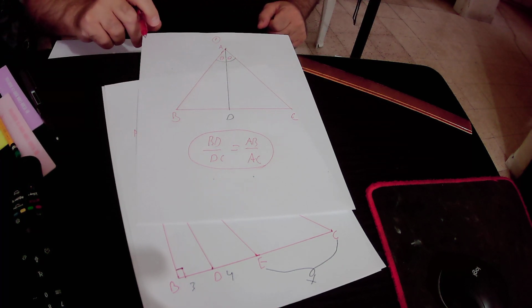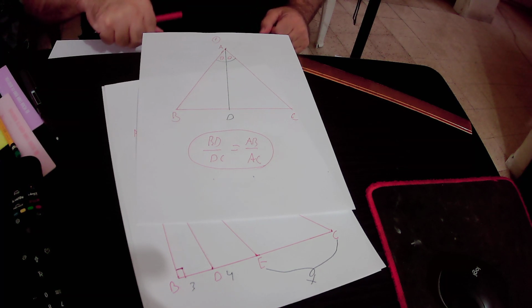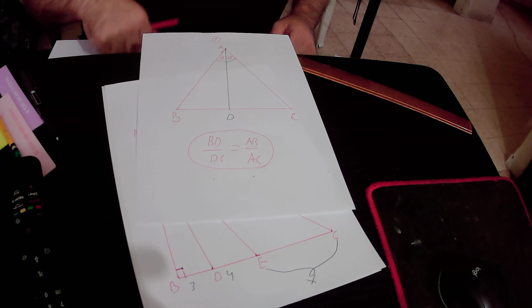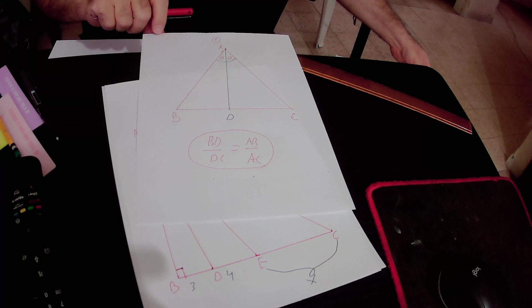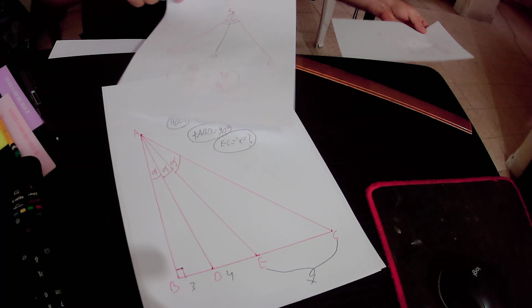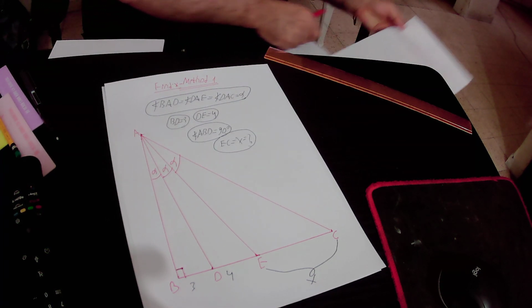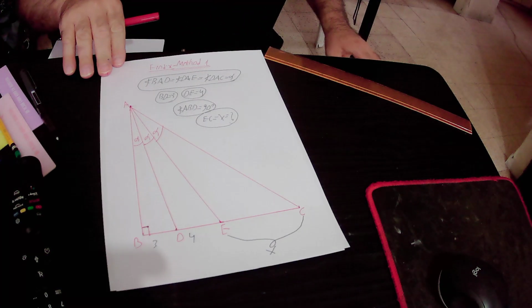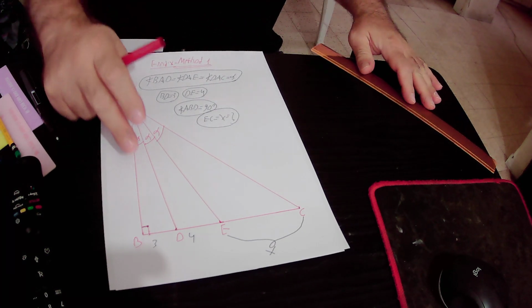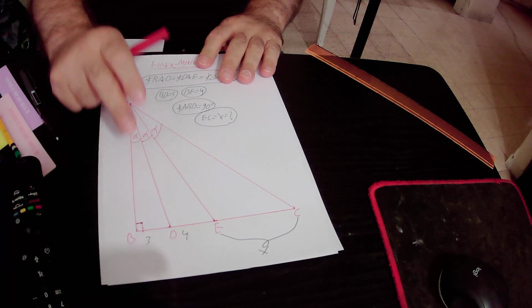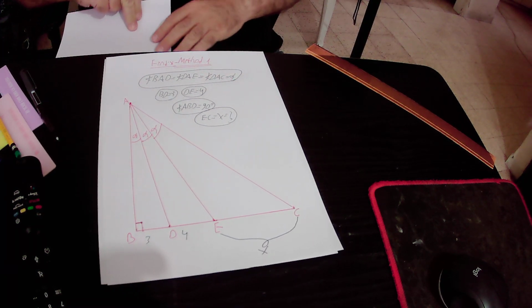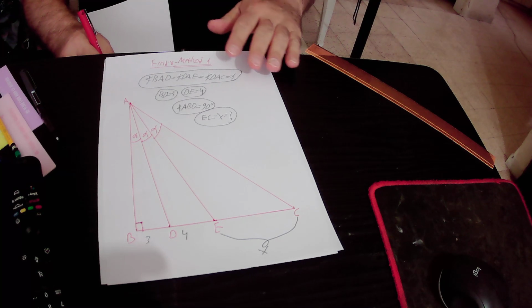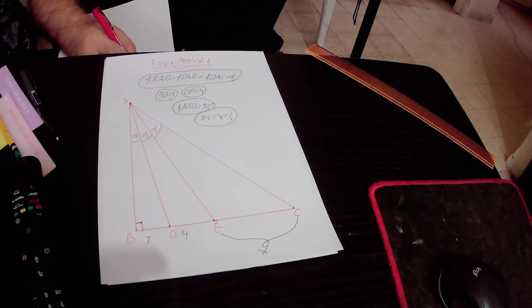Okay, so in the next step we'll focus on the right triangle, triangle ABE.